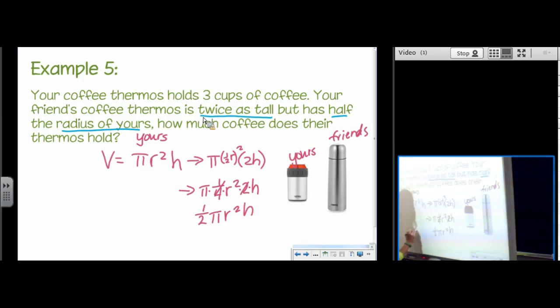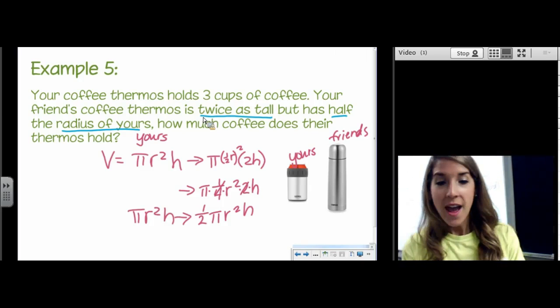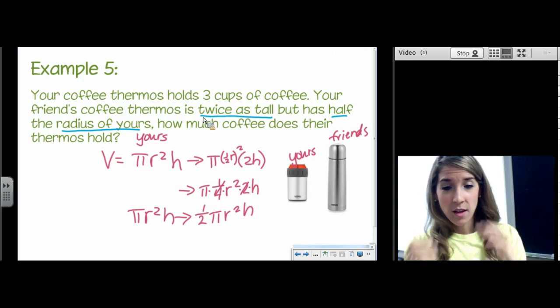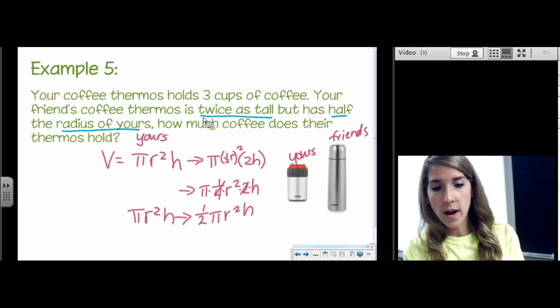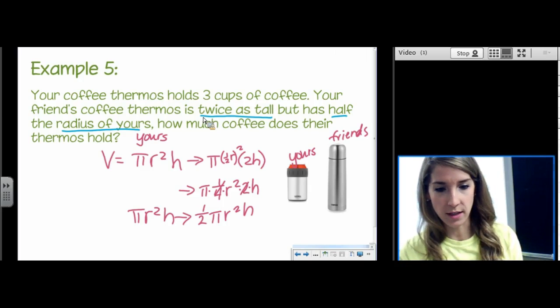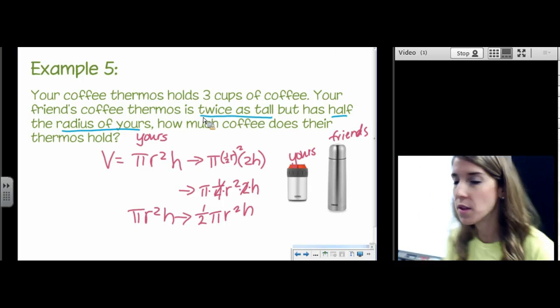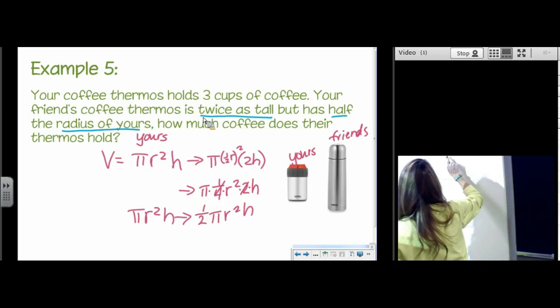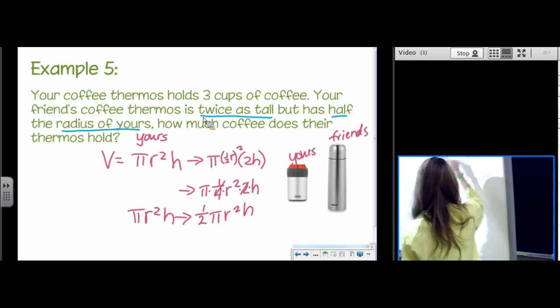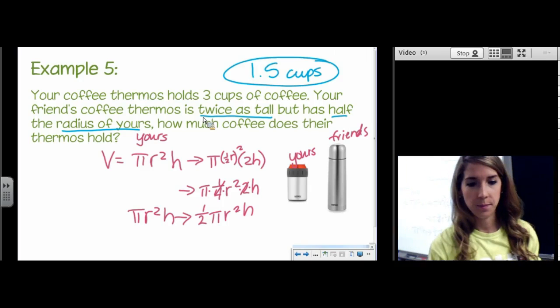So here's the volume of yours, pi R squared H, and there's the volume of your friend's. How much coffee does theirs hold? Look at those two formulas. Pi R squared H and 1/2 pi R squared H. Theirs holds half the liquid yours does. Half. So theirs holds 1.5 cups of water or coffee or whatever liquid we're putting into our thermos.